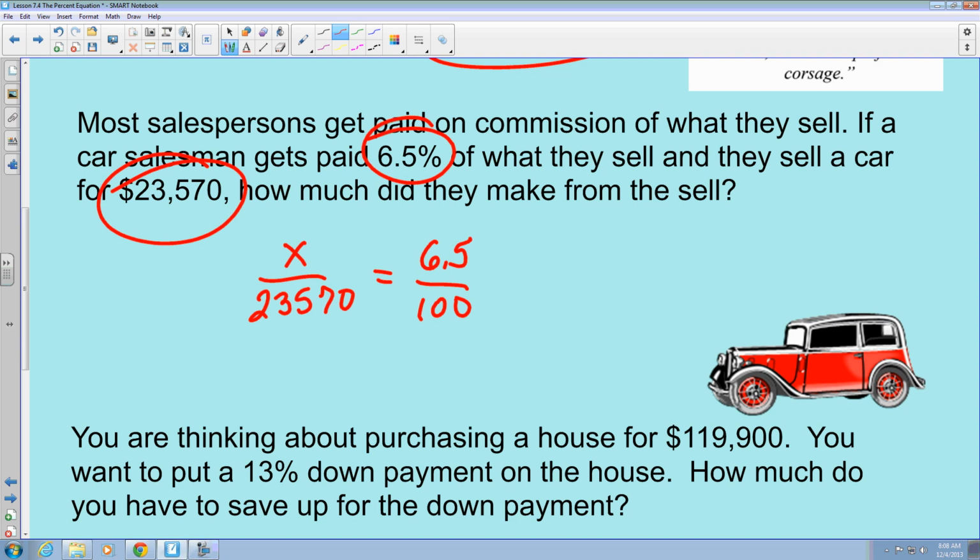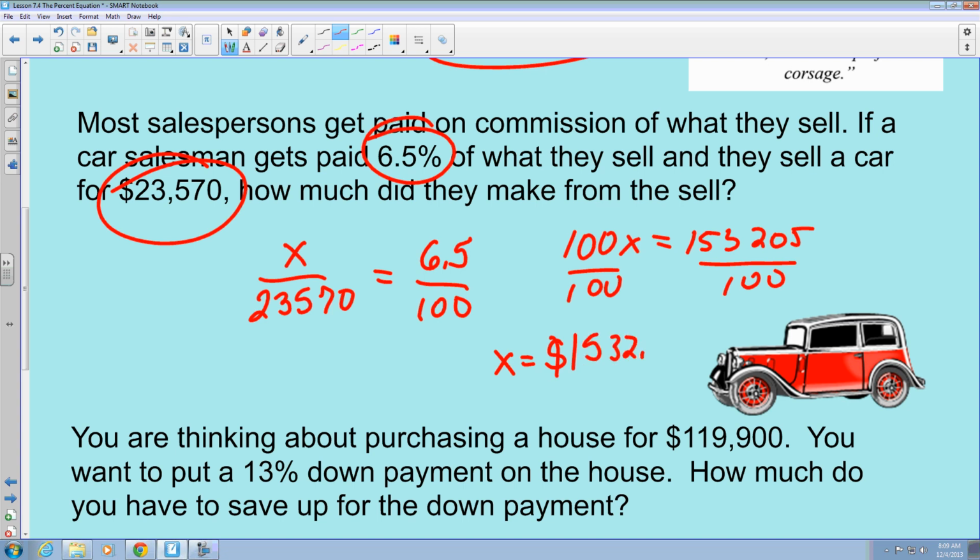Again, cross multiply, so I get 100x equals 6.5 multiplied by 23,570, which gives me 153,205. Divide both sides by 100, and I get x as $1,532.05. So that's how much they get for selling one car.